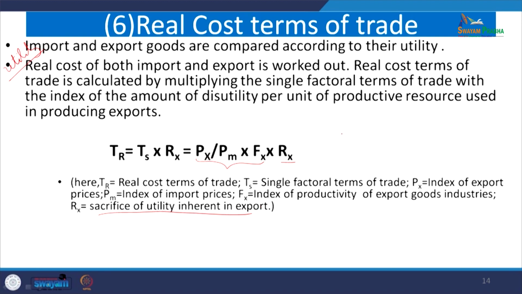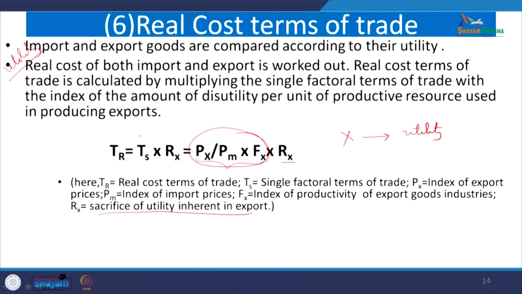Whenever we export, we actually forgo our utility. So, how much utility has been forgone in order to get the productivity of the factor for exports. Therefore, it is the single factorial terms of trade times the utility forgone.